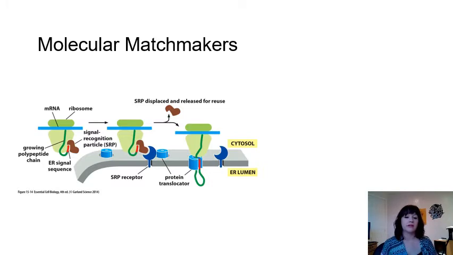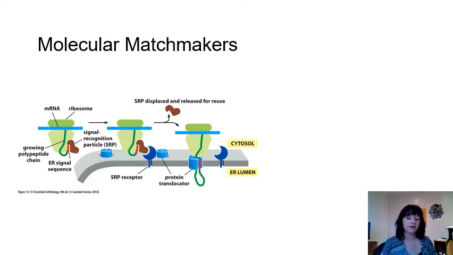Now, the way that it docks with that endoplasmic reticulum is a protein called a signal recognition particle, or SRP. So you should know the steps of this. The signal recognition particle will only bind to proteins that have the ER signal sequence.